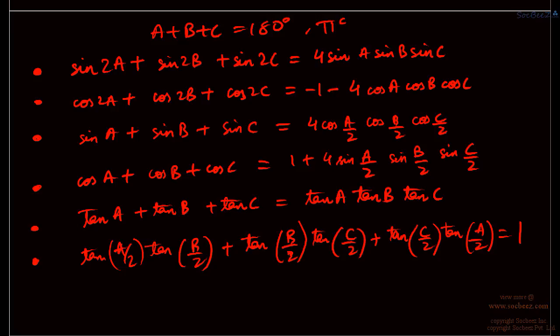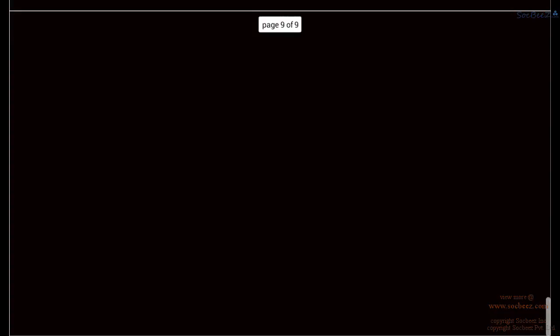So for a triangle, or for any three angles which have a sum of 180 degrees, we have these conditional identities. Now let's move over to some non-standard angles.